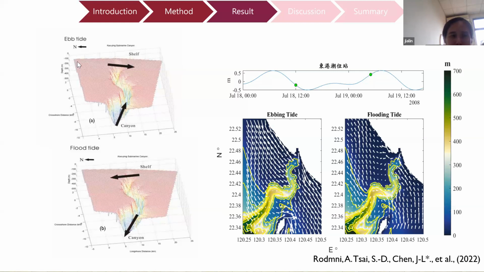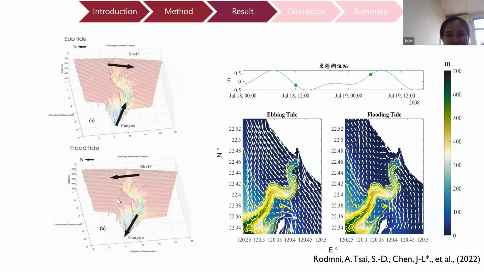In the river mouth, it's opposite. During the ebb tide, because outside the river the surface elevation is lower, the water is going out in the seaward direction. However, in the canyon, the direction of the canyon flow is on the opposite side.